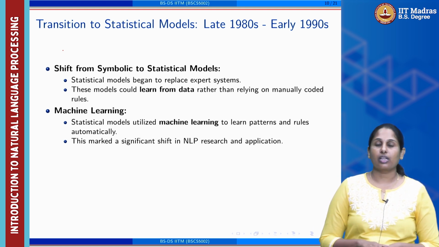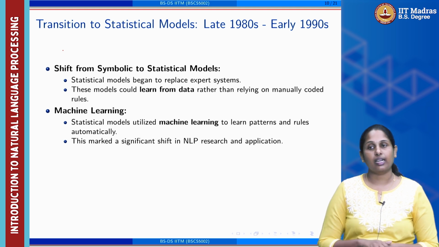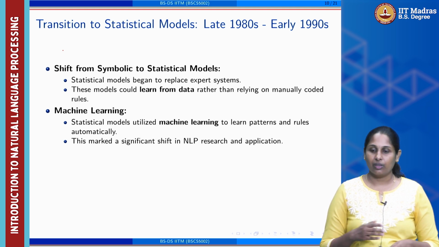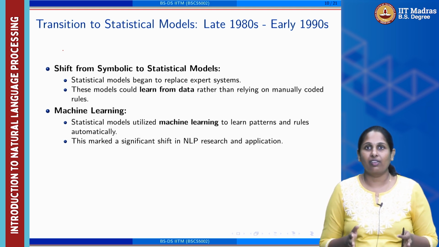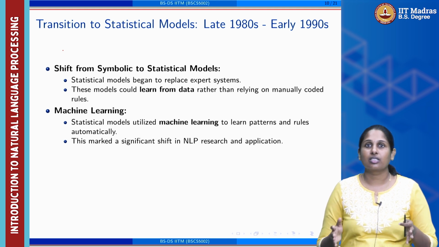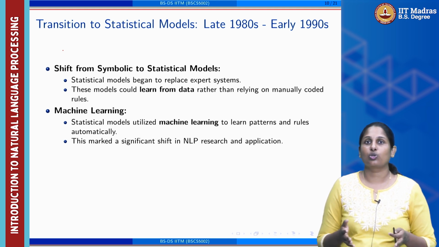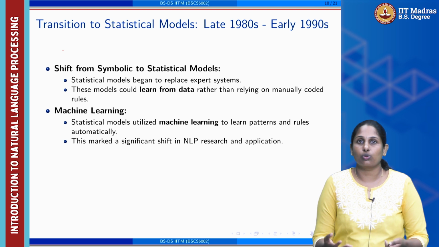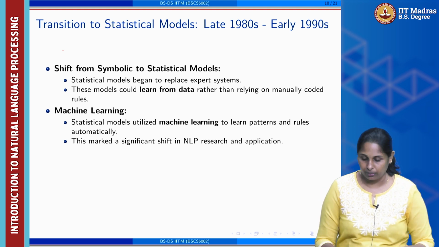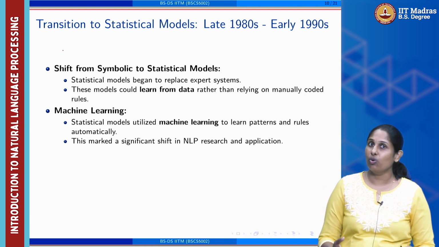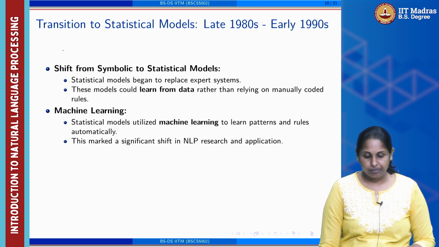This marked a significant shift in NLP research and application. So nowadays all our research in NLP is centered around making sure the machine learns on its own from the data we give, instead of writing more and more cumbersome rules, right?